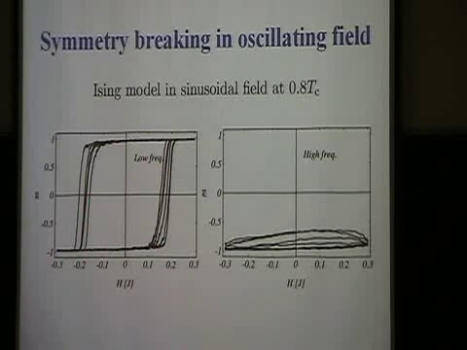On the other hand, if I drive the system very fast, then it just doesn't have time to flip. If I drive it much faster, then the lifetime, even at my strongest field, is long compared to the period, so typically it'll sit there and oscillate around one side of zero field.